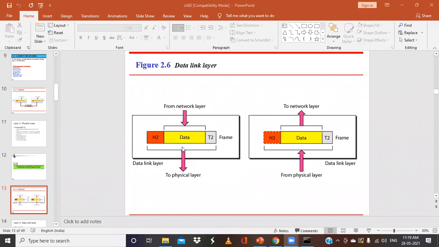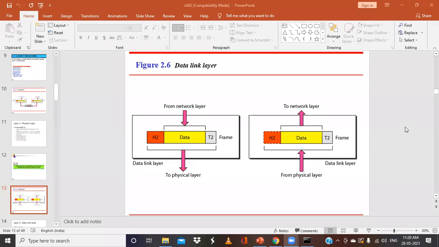It will take those packets one by one, then break them into smaller frames, and then add its headers and trailers. Again, as I said, trailers are not compulsory. It depends on the network architecture, but it will add its headers, and then that will be sent to the physical layer, and it is also responsible for flow control and so on.